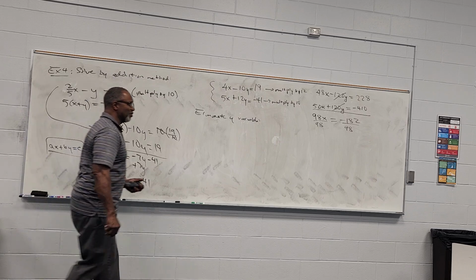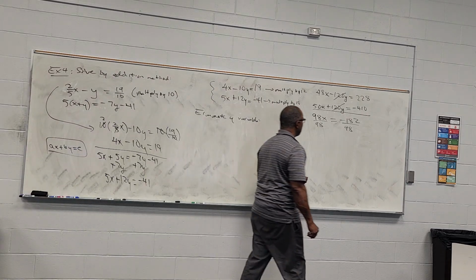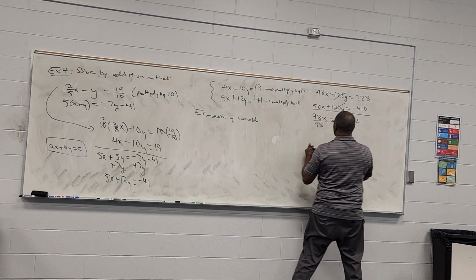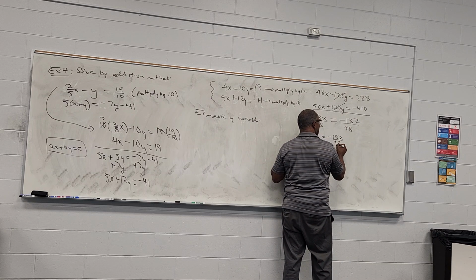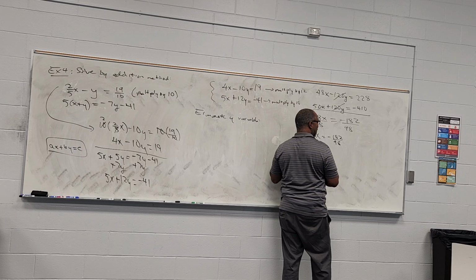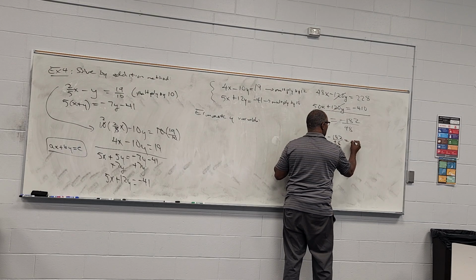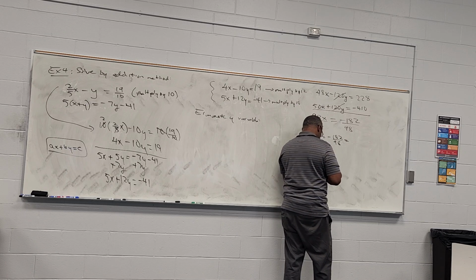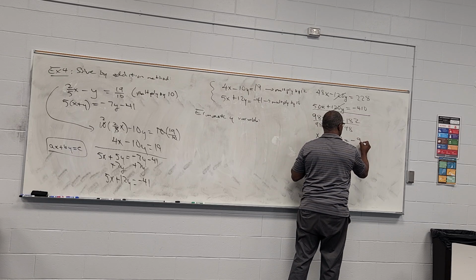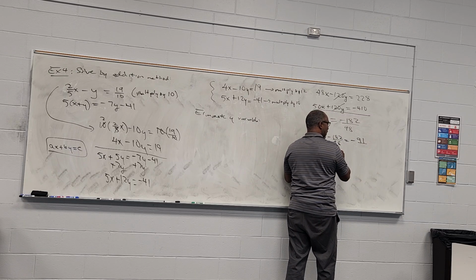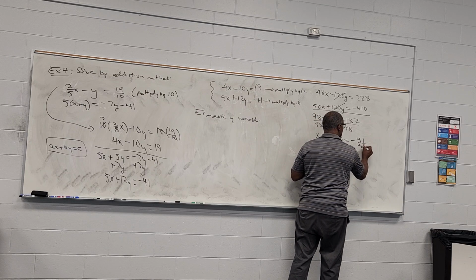It would have been kind of ugly either way. One way to handle these fractions: 98 does not go into 182, but just find the common divisor. You can start with 2's. 182 divided by 2 is 91. 98 divided by 2 is 49.